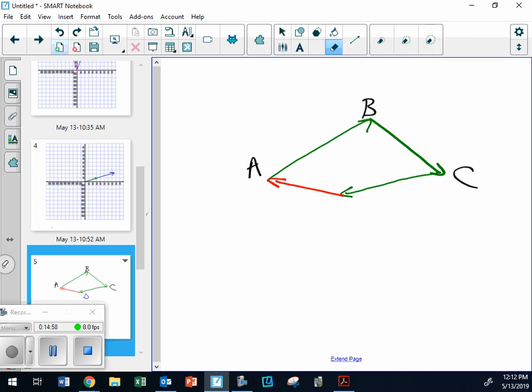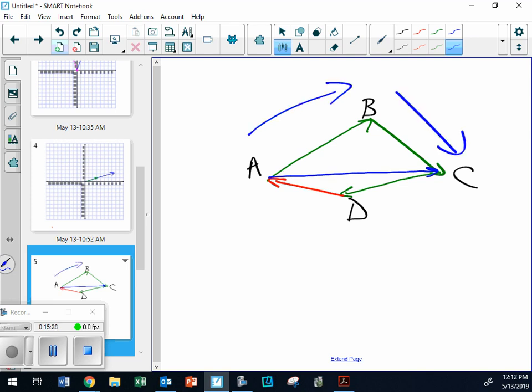I should stick with the black and go with that's D. Is that equal to DA? It's close. It's not equal to DA. How about this? If I add up AB plus BC, it would be equal to AC. AB plus BC, you get how that equal to AC?